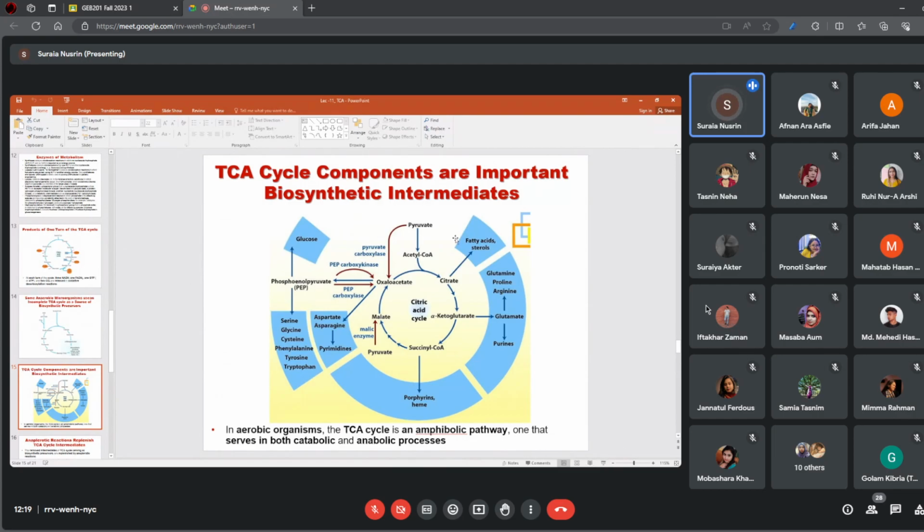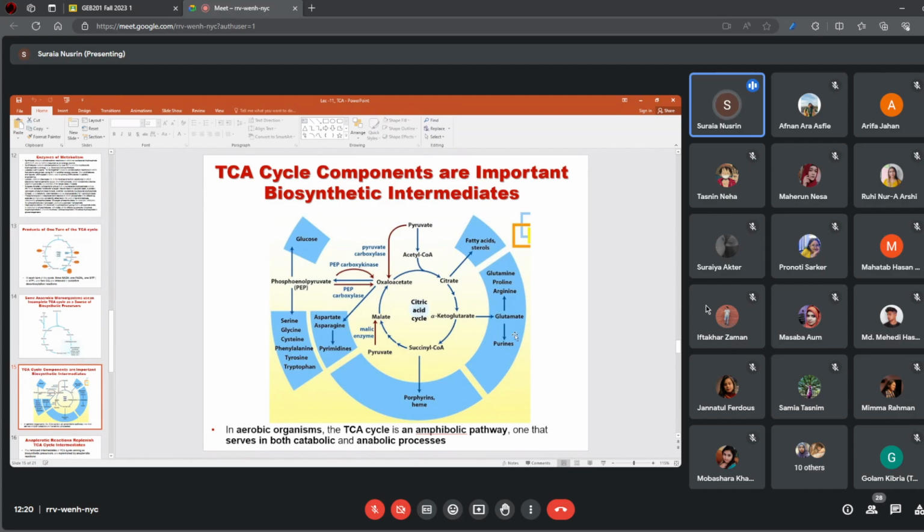So if you look at this cycle, oxaloacetate and acetyl-CoA condense, we get citrate, then alpha-ketoglutarate, succinyl-CoA, malate. These are the important intermediates which are utilized as biosynthetic precursors. From citrate, fatty acids and sterols are synthesized.